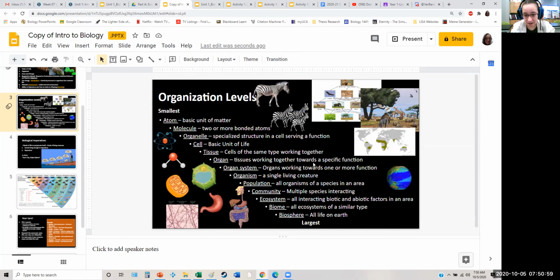So now we go to a community. Now we have to have multiple communities, all right? Then we have what's called an ecosystem. So an ecosystem is a little bit different. We have all interacting biotic, which is living, and abiotic, which is not living factors in an area. So an example of biotic is all the plants and animals that live in the area.